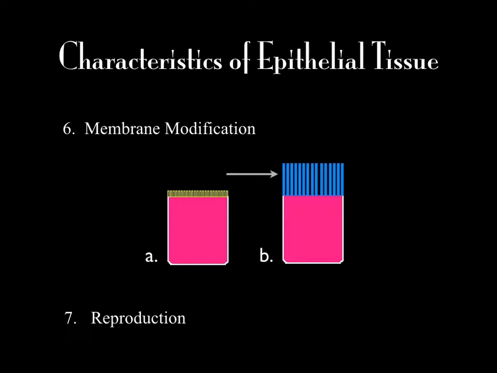You find cells with cilia comprising the tissues that line your respiratory tract. So these cilia are important for sweeping mucus that contains trapped dust particles and other foreign substances that you inhale back up out of your respiratory tract.